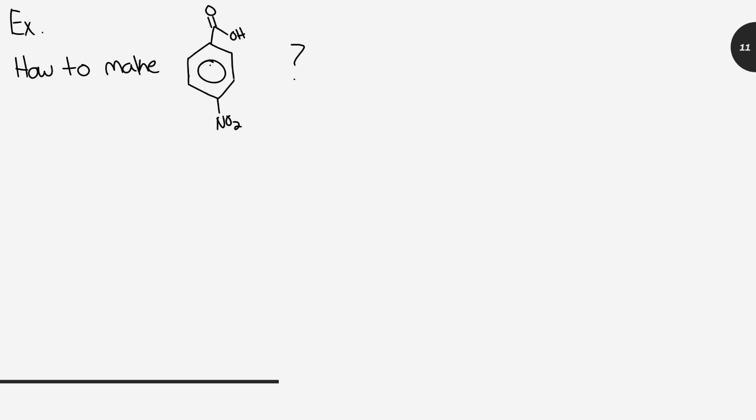So if I put an acyl group on there, that gives me a carbonyl group. What director is a carbonyl group? It's an electron withdrawing group, so it's still meta. If I put that group on first and then do nitration, I'll still have meta, but I want these para to each other.